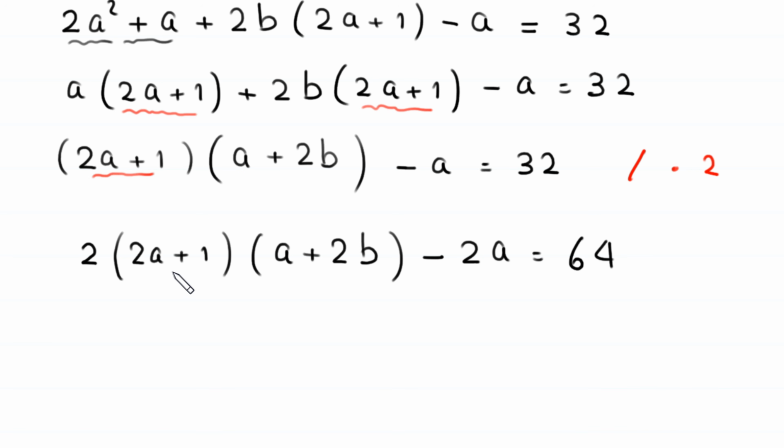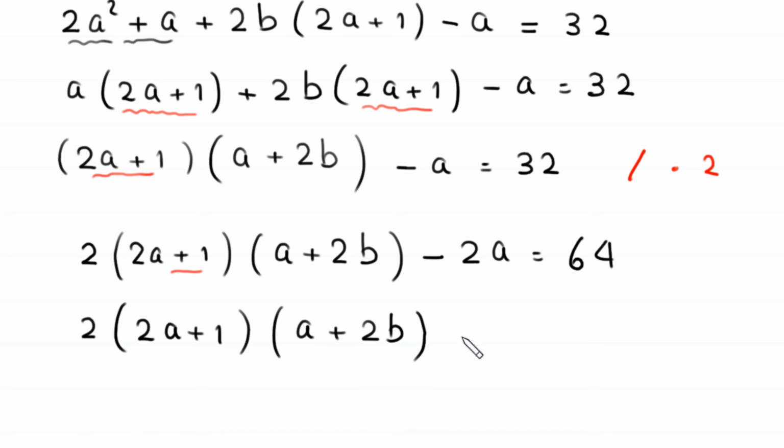Now because here we have 2a plus 1, we subtract 1 from both sides. Then this will become 2 times (2a plus 1) times (a plus 2 times b) minus 2 times a. We subtract 1 from the left hand side, equal to 64, and we subtract 1 from the right hand side.